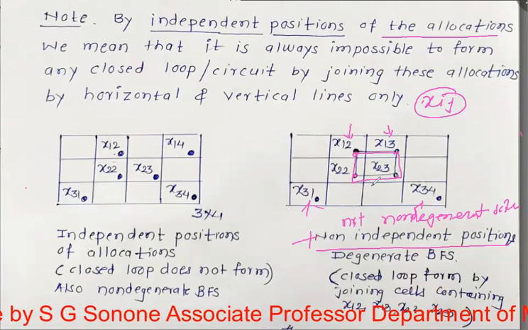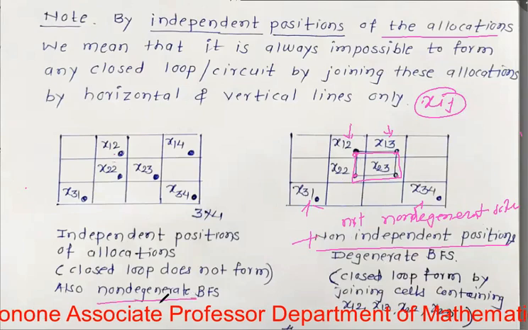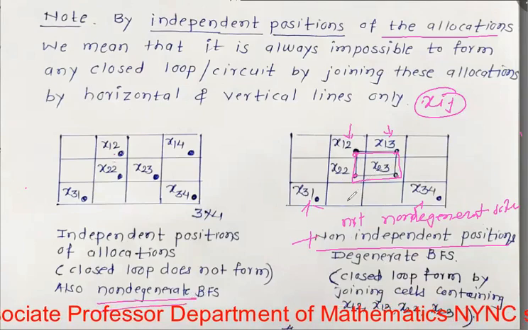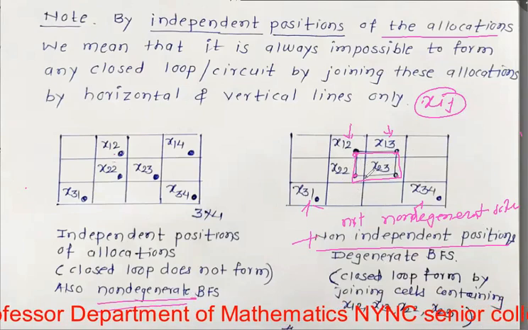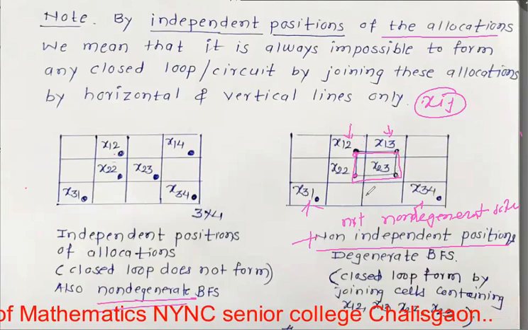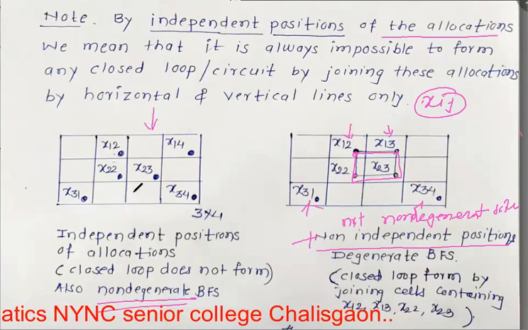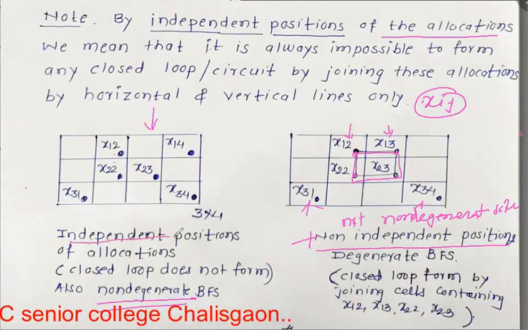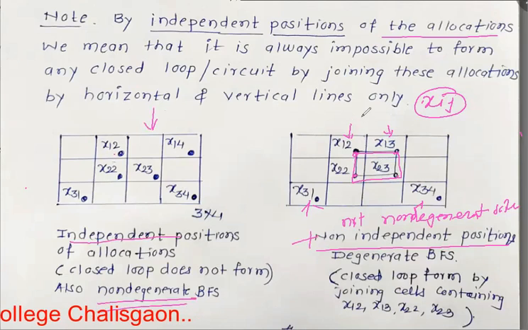We do not want such a solution. If you want a non-degenerate basic feasible solution, then a loop should not form by joining the positive allocations. So in the first solution, the positive allocations are at independent position, whereas in this solution, they are at non-independent position. So this is not a non-degenerate solution.